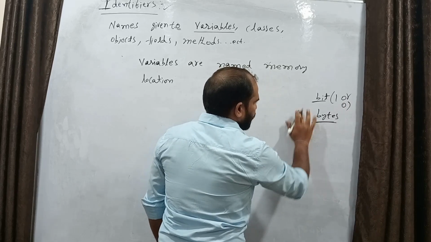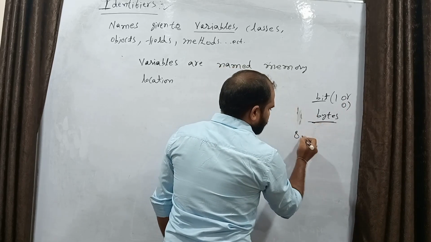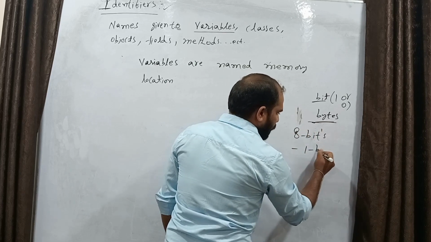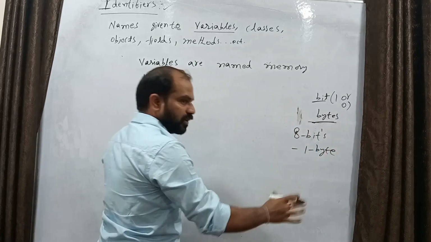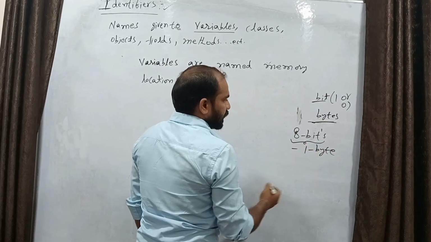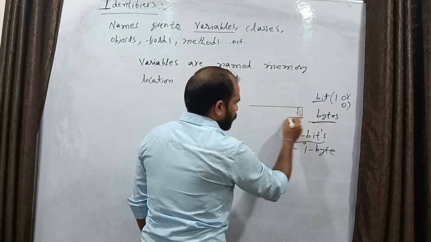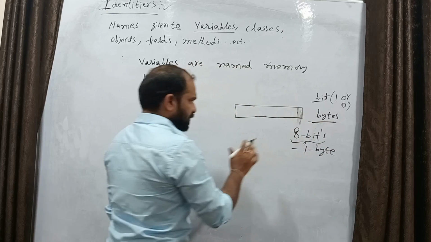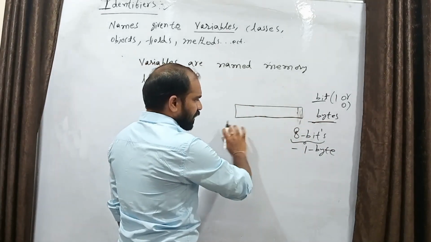Then a combination of 8 bits is called 1 byte. Memory units categorization: 8 bits are equal to 1 byte. It means that in the memory, which is divided into slots, every slot will have a number.